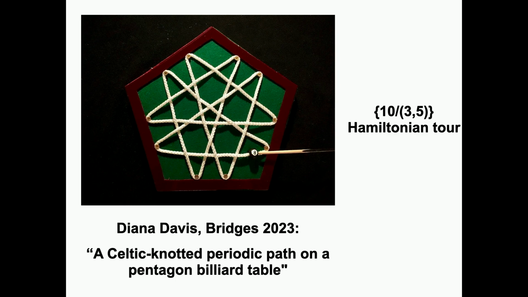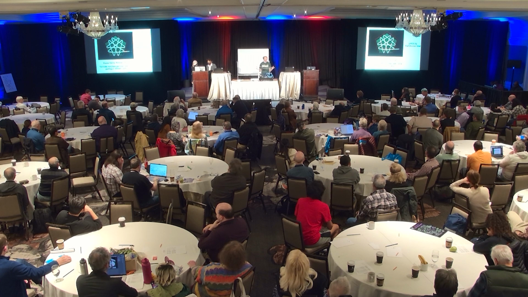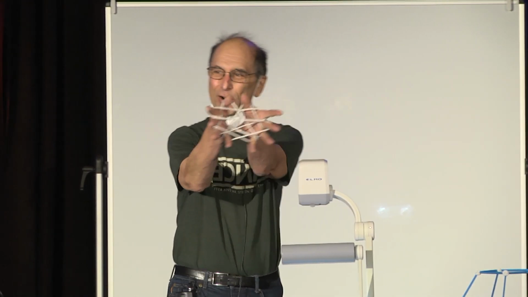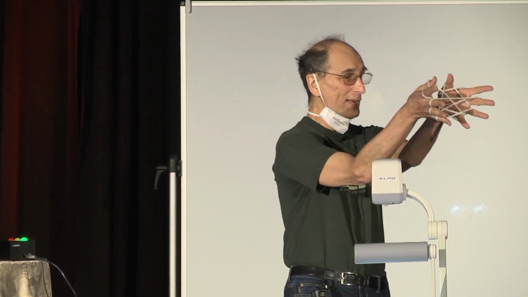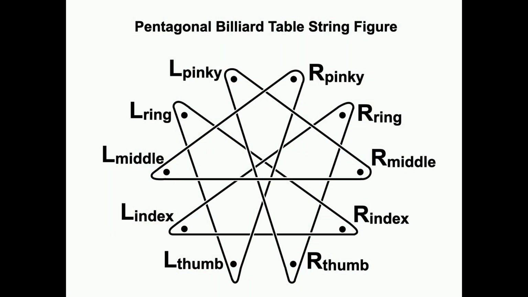And that made me wonder, well, 10, we've got 10 fingers, maybe I could make a string figure out of that. And sure enough, let's see if I can get this to work. This is her pattern as a string figure. Well, big deal. Pretty simple string figure, there it is.